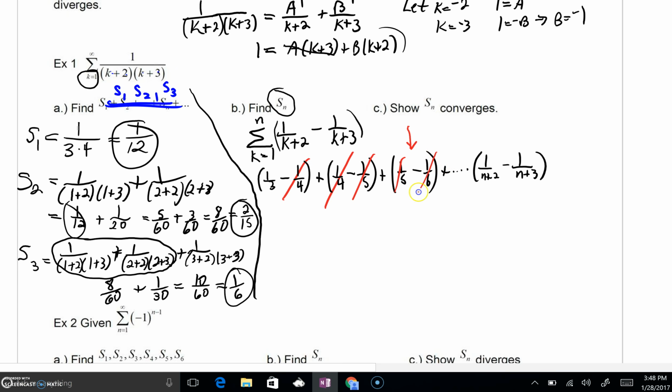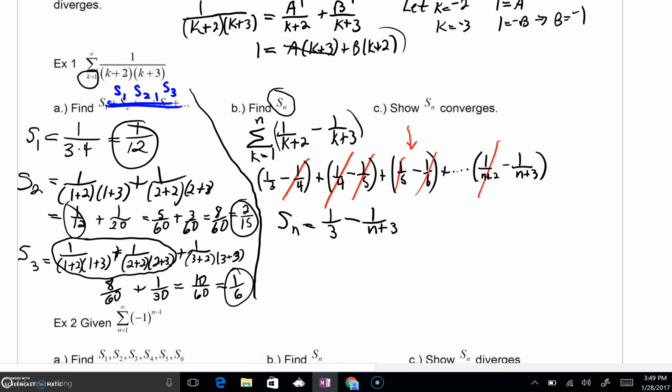We're going to continue to get this canceling. Look, I'm stopping right here. This would wipe out. You'd say, oh my goodness, look at this, all this collapsing. What we're seeing is, what do you get when you add up the first n terms? Well, it appears that I'd get 1/3 minus 1 over n plus 3.